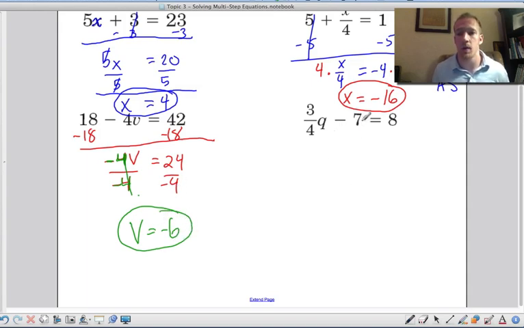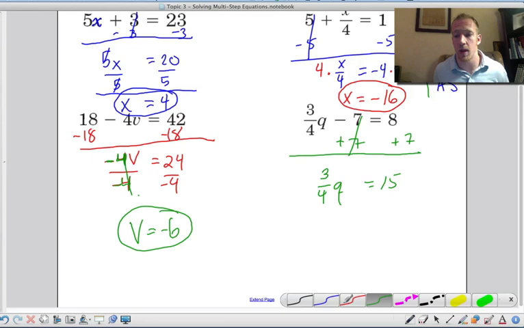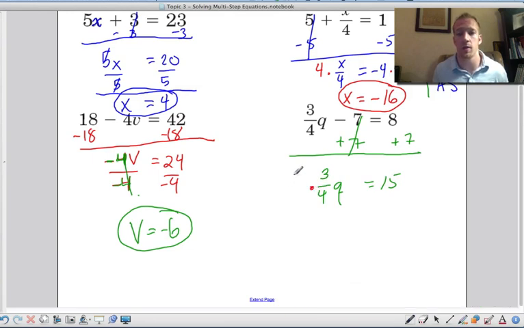Alright, so here, working our way backwards, what I'm going to do first is add the 7. So that eliminates it, and I get 3/4 q equals 15. Now, remember from our last lesson, if you've got a fraction, you're really just multiplying by the reciprocal, multiplying by it flipped over.